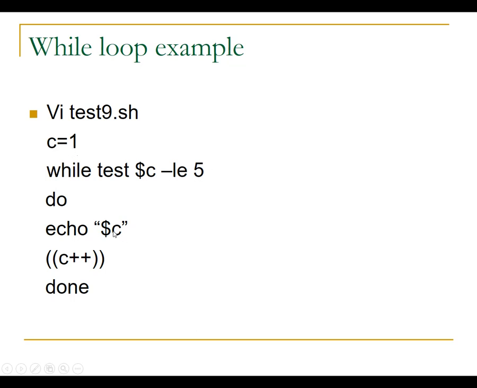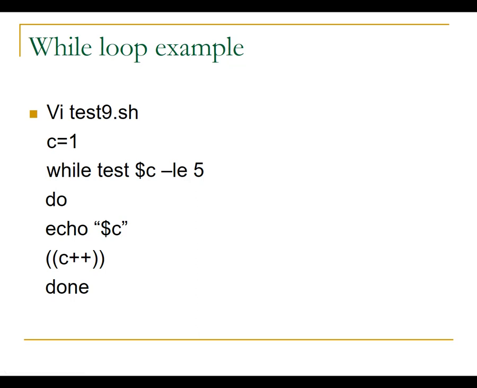If yes, then it prints the value of variable c, and it also increases the value of variable c by 1. That means 1 becomes 2, as 2 is less than 5, 2 becomes 3, 3 becomes 4, 4 becomes 5, and 5 becomes 6, but the condition provided here in the while statement becomes false.